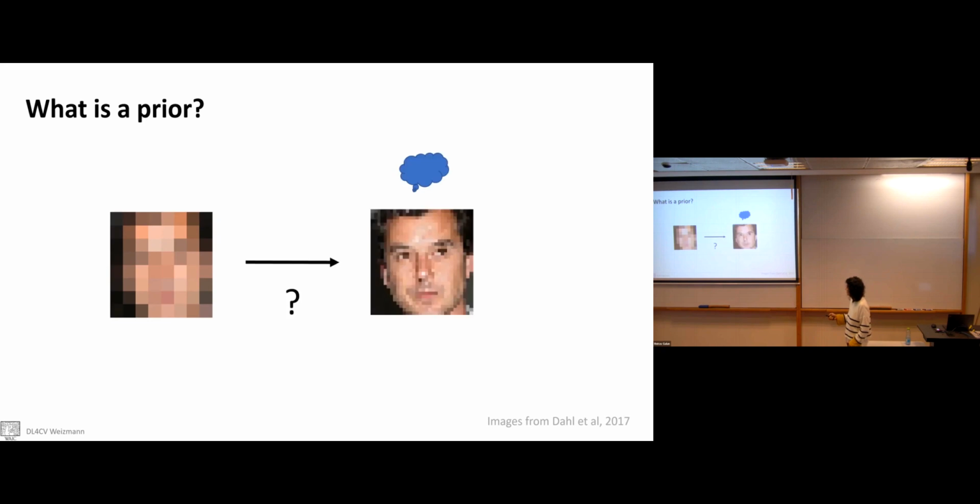A face, right? With some imagination, this is going to be a face. And how do you know it? Because in life you have seen images of faces and you have some knowledge, and that's what is called prior knowledge, the knowledge about the visual world.